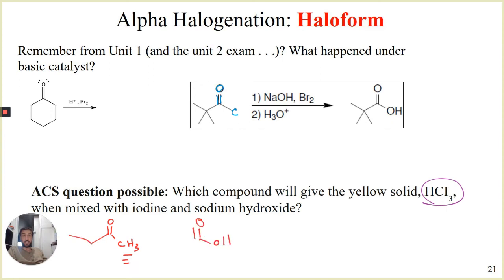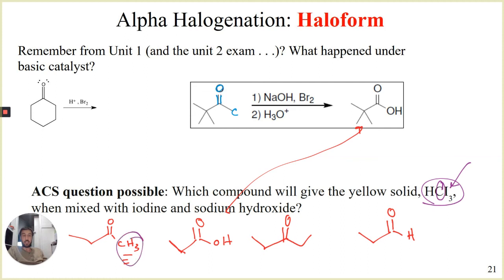You would probably also see a carboxylic acid thrown in there in case you happen to memorize. And then you would probably also see a variety of other pieces, maybe another ketone that isn't a methyl ketone, and you might even see an aldehyde as an example. So again, what you'd be looking for is where could I get a carbon that three iodines could connect to? The only place that is really feasible is if you have that methyl next to the ketone. Okay?